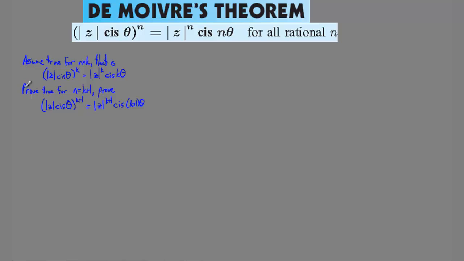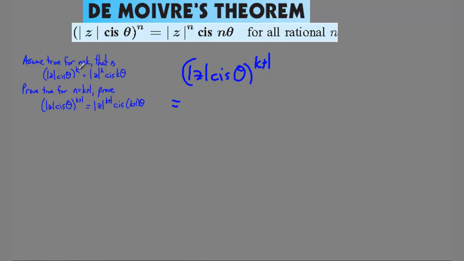So we've put the assumption and proof off to the side so that we can still see it, but it's not in our way. So let's finish off this proof. Let's start with the left-hand side of the proof statement. That's the modulus of z cis theta all to the exponent of k plus 1. And we can break this up.